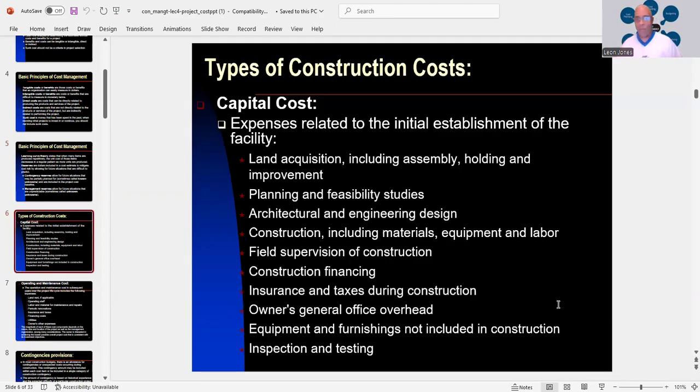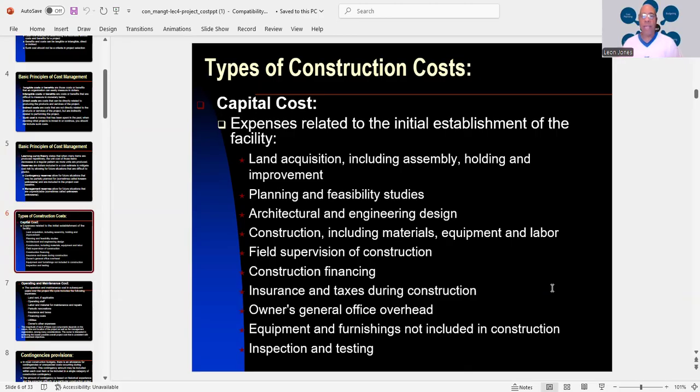Now, in construction, you have different types of costs. One of the costs that you always hear about is capital costs, and that's basically expenses related to the initial establishment of the facility. Now, what goes into establishing a facility? Land acquisition, including assembly, holding, and improvement.